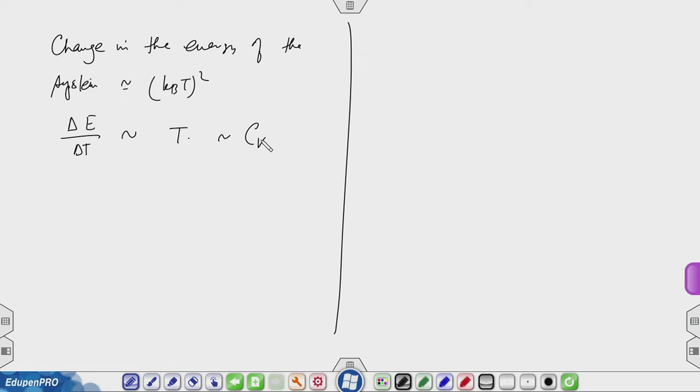So, this gives you roughly an idea that when I bring in quantum mechanics, the specific heat is proportional to T. Let me ask you a question here, why is this Cv and not Cp?